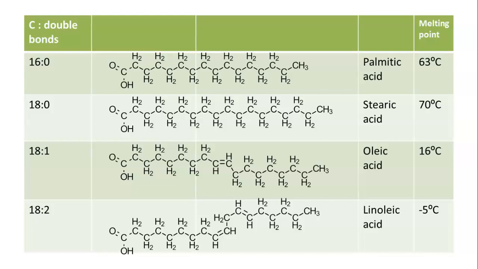So therefore, if you put this material inside of the freezer on your refrigerator, it's still going to be liquid. So the more carbons you have, the higher the melting point. The more degrees of unsaturation you have, the lower the melting point. And all of these, again, are fatty acids, so they are a very unique group in there.